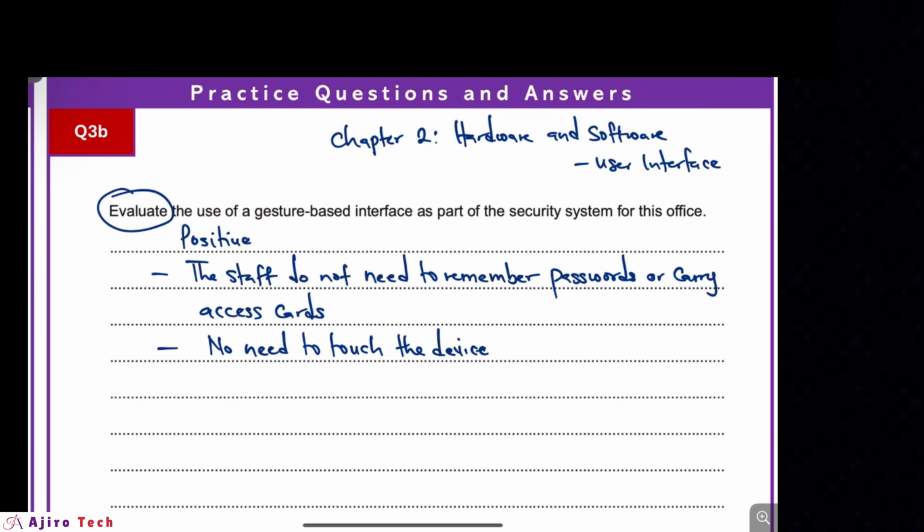And the government agencies, the government office want to avoid situations. So there's no need to touch the device, which improves hygiene and reduces disease transmission.